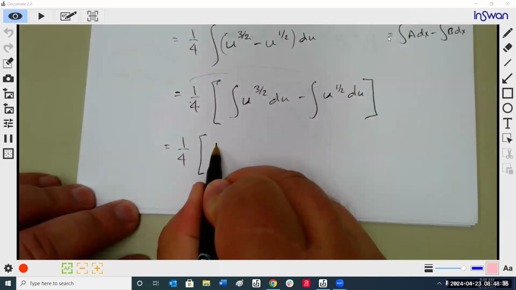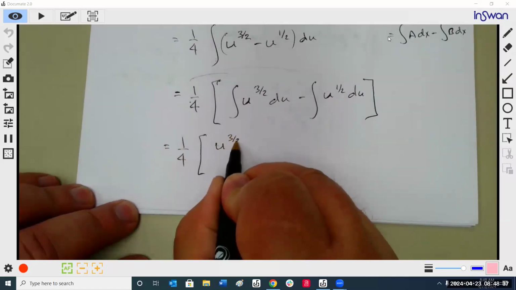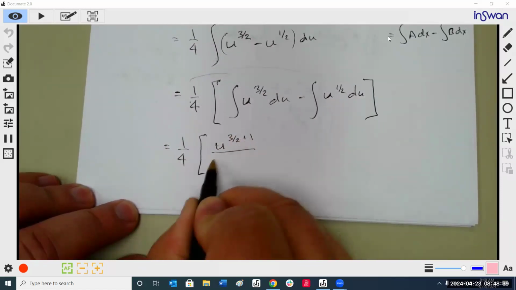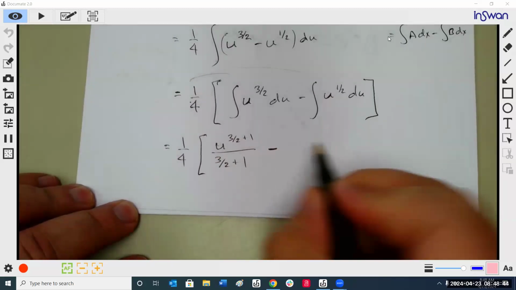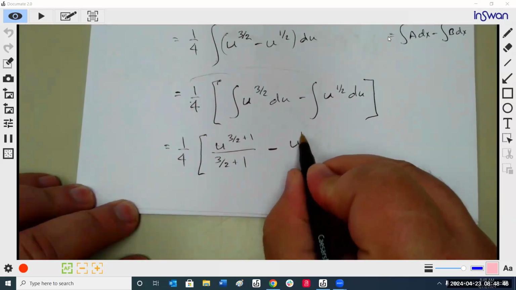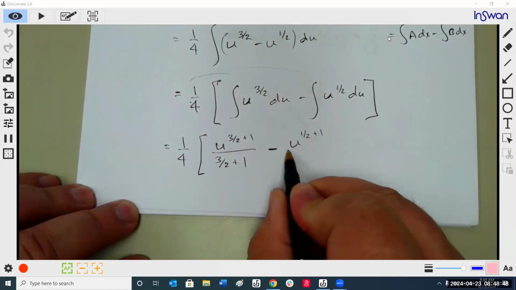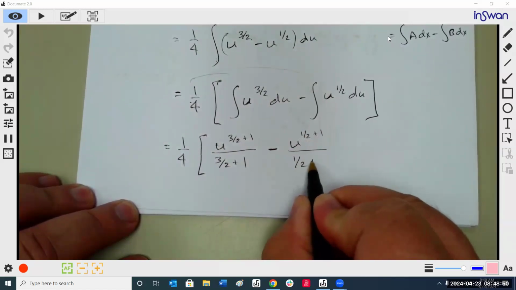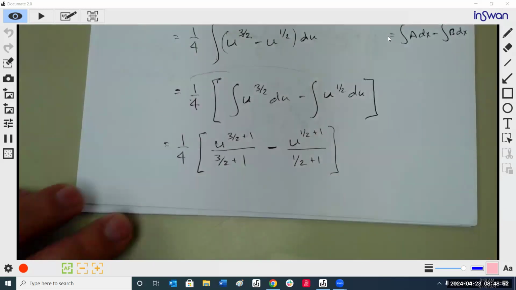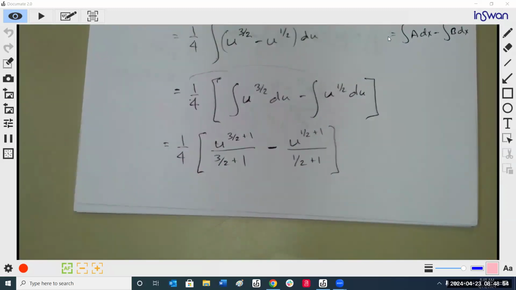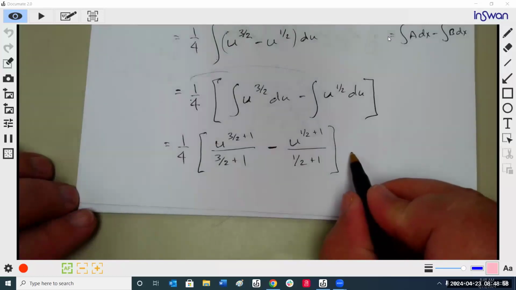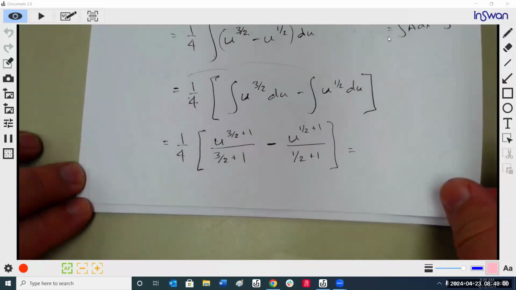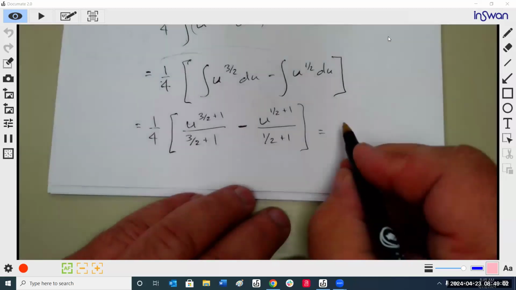So we have u to the (3/2 plus 1) over (3/2 plus 1) minus u to the (1/2 plus 1) over (1/2 plus 1). Now we do the algebra stuff.